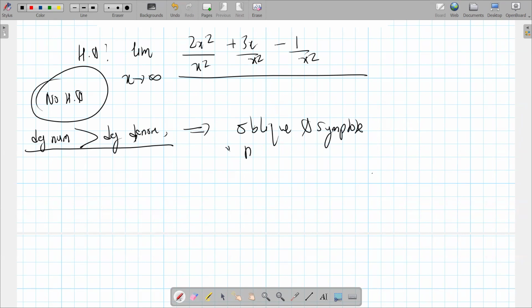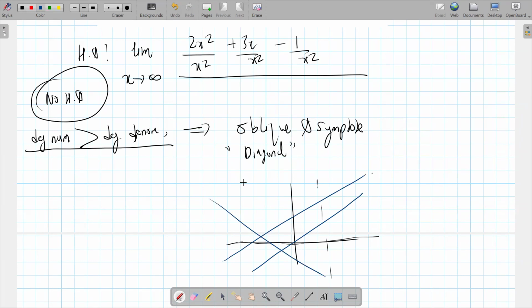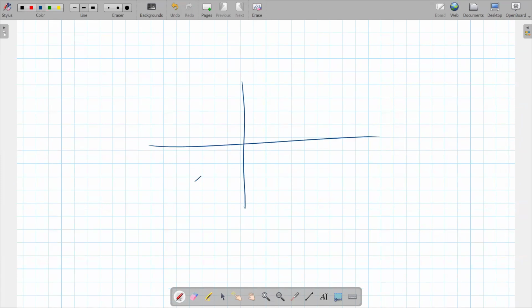Oblique just means diagonal asymptote. I don't know about the vertical asymptote, but oblique asymptotes are always a straight line somewhere, like this. So your graph would end up looking like, let's say you have this. That's your vertical asymptote. This is your oblique asymptote.